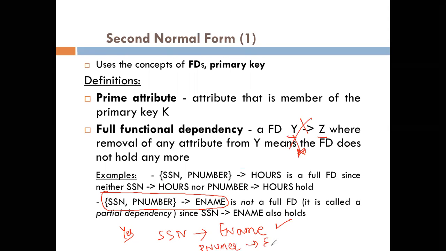Project number to employee name, will it hold? No, because employee name doesn't depend on project number. If I give a project number, can we say employee name? That is not possible because many employees will be working on a same project. So this dependency doesn't hold. When this type of dependency doesn't hold, then we say this functional dependency is not full. Instead, we say it is partial because it is partially dependent on the part of the attributes.